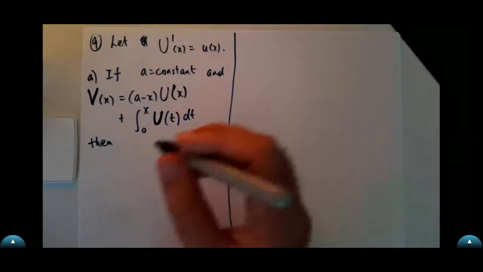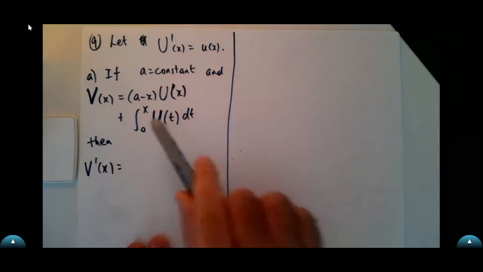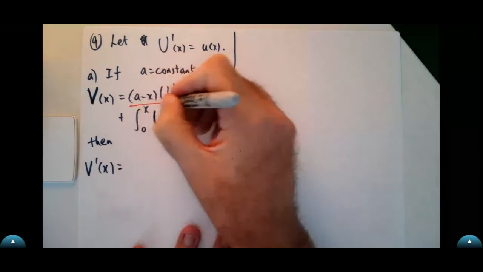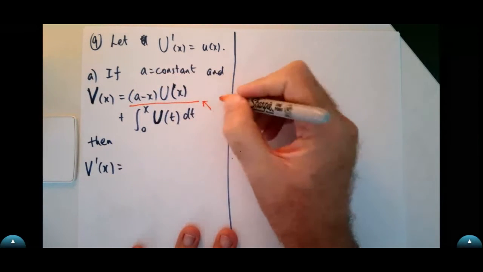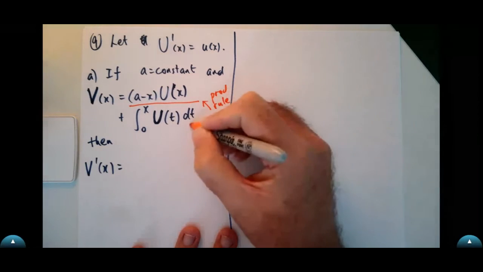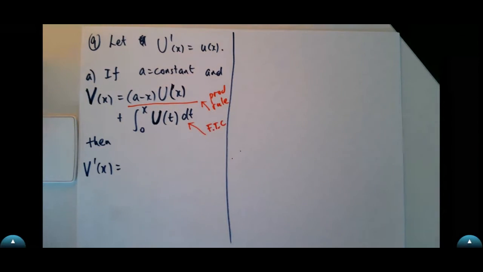Okay, so this is a product. So we would expect to differentiate that via the product rule. And for this one, we'll use the FTC, the first fundamental theorem of calculus.